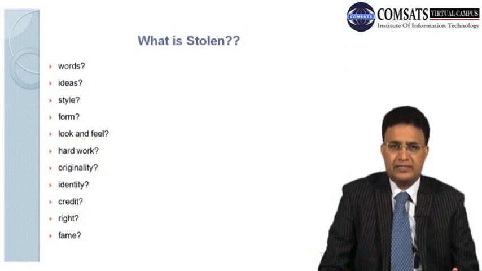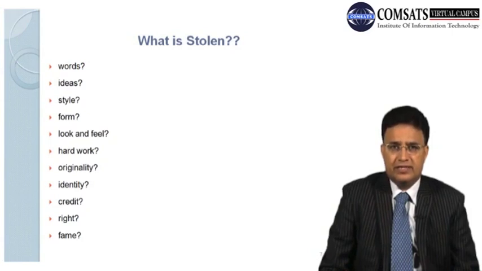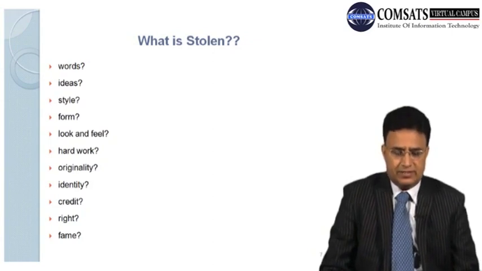You steal the credit. If somebody does hard work, credit should go to that person, but if you are stealing, you are basically taking the credit which doesn't go to you, that belongs to someone else. And the right, that is the right of someone else, and you are stealing it from that person.